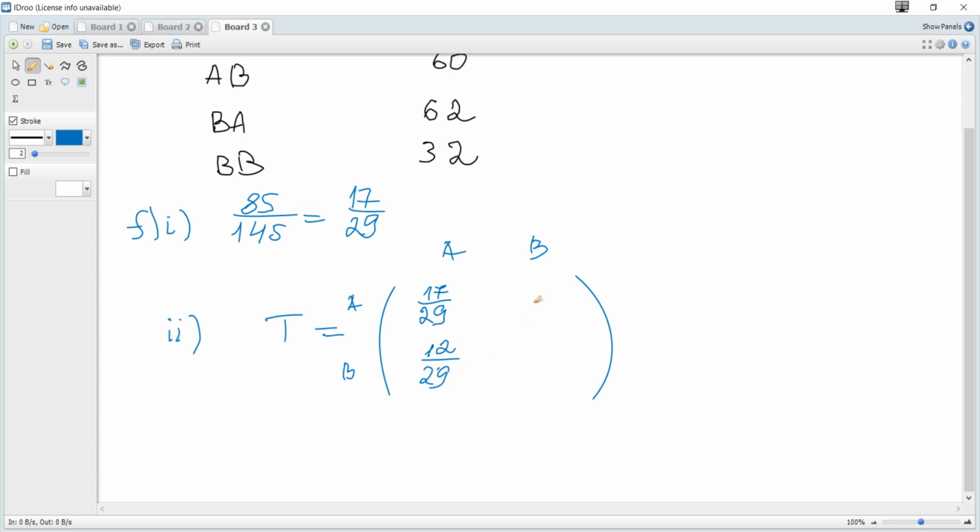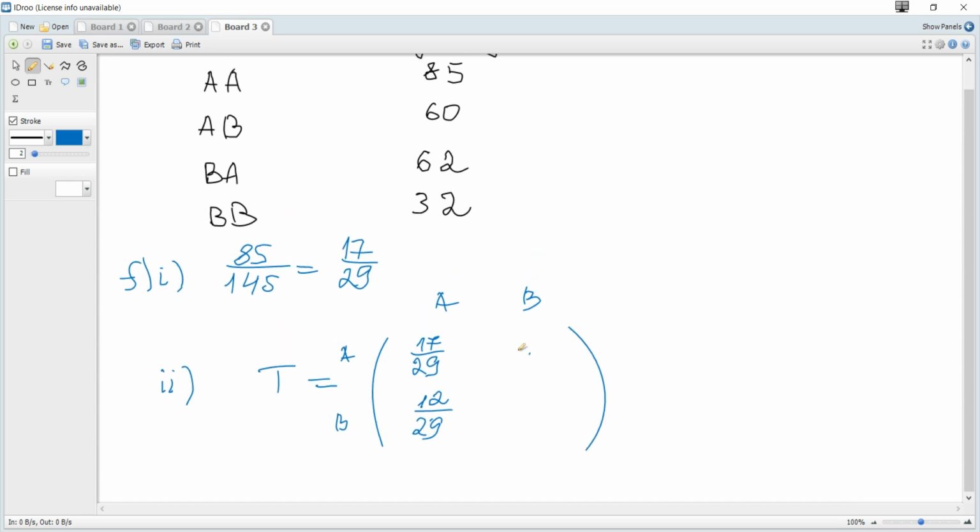12/29. And if the initial state is B, from B to A, you can see that there are two possible outcomes, and the ratio is 62 to 32, so there are 94 in total, and the probability that the second is A is 62/94, and it's 31/47.